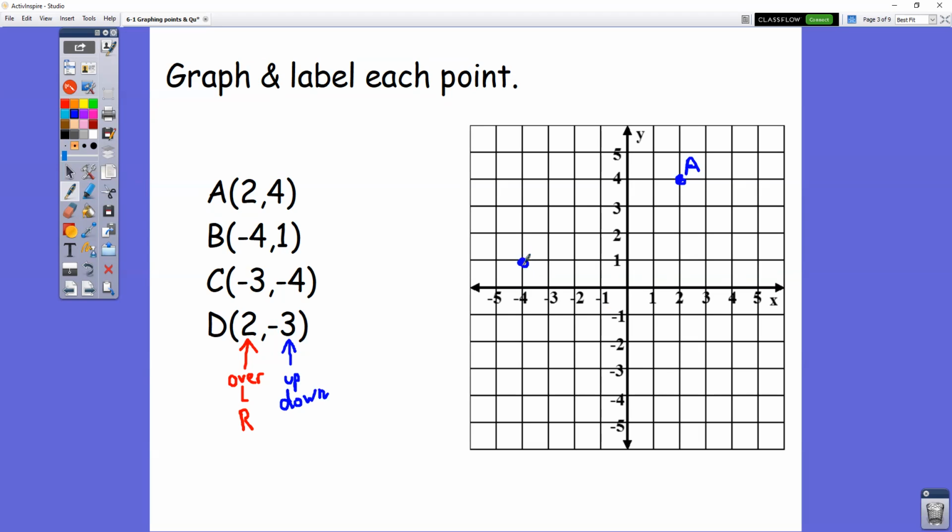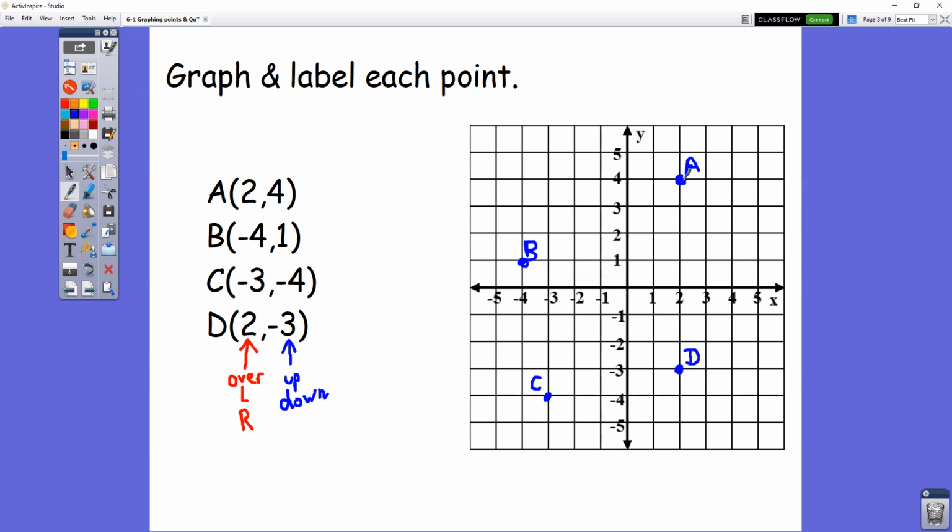This is where B would be. The letter C is (-3, -4). Starting in the middle, again, we're going over to -3 and down to -4. This is where C would be. D is (2, -3). Starting in the middle, over to 2, down to -3. This is where D would be.